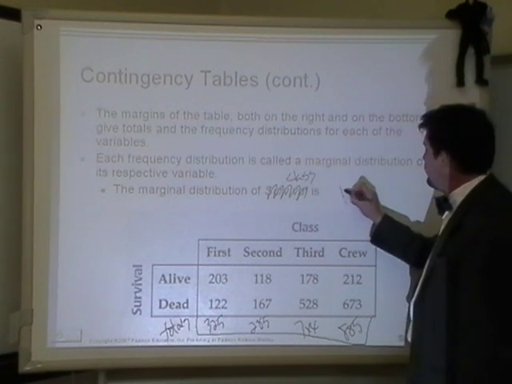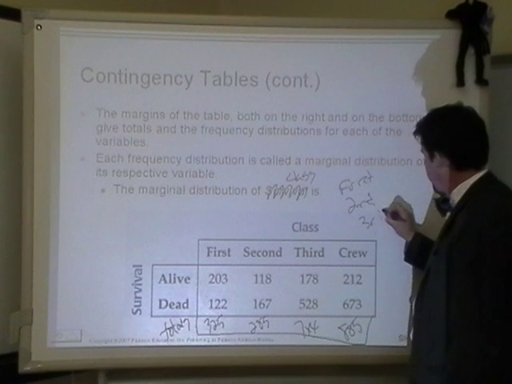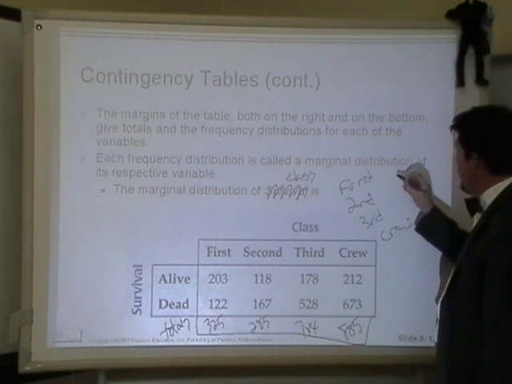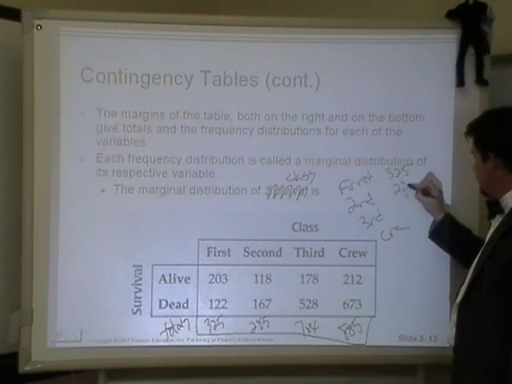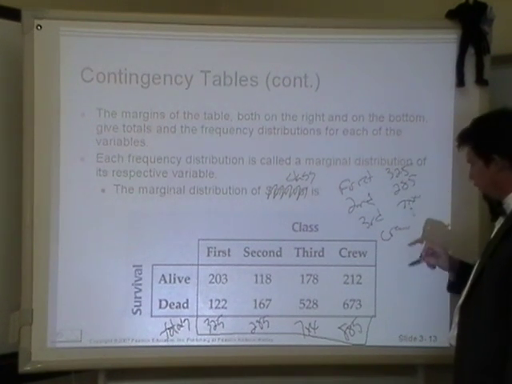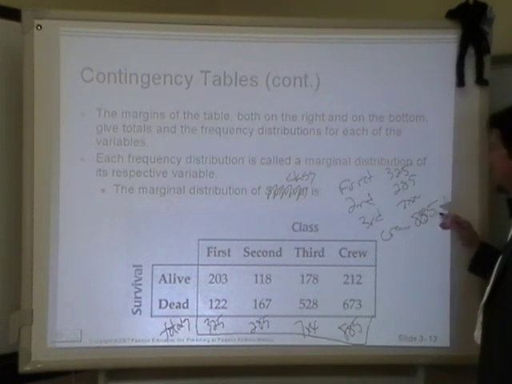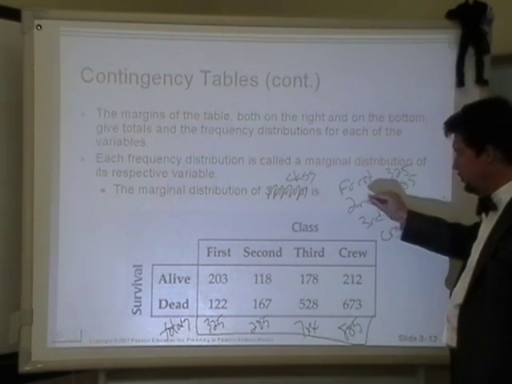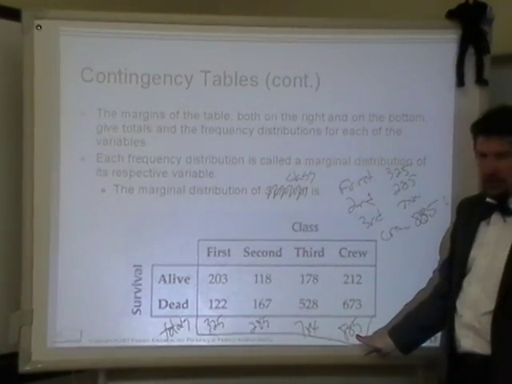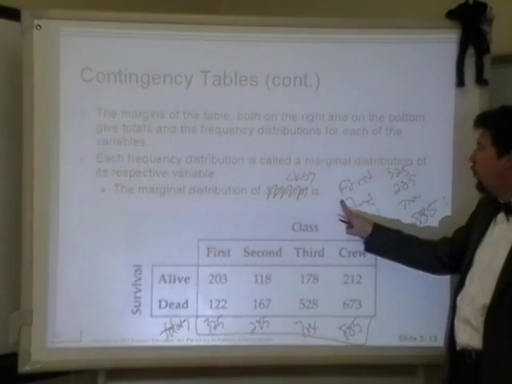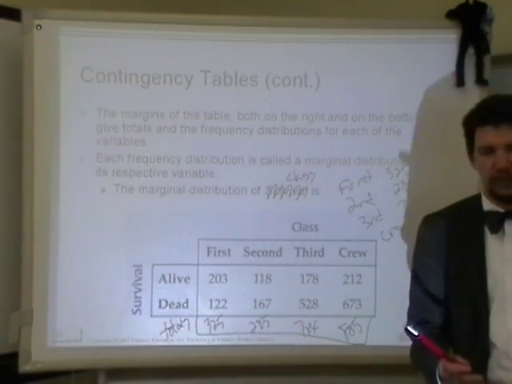And I would say, you could be first, you could be second, you could be third, you could be crew, and I'd put the values there, and that would be the marginal distribution for class. So marginal distribution means the values in the margins, the totals for one variable only, and I'm looking at the variable of class.